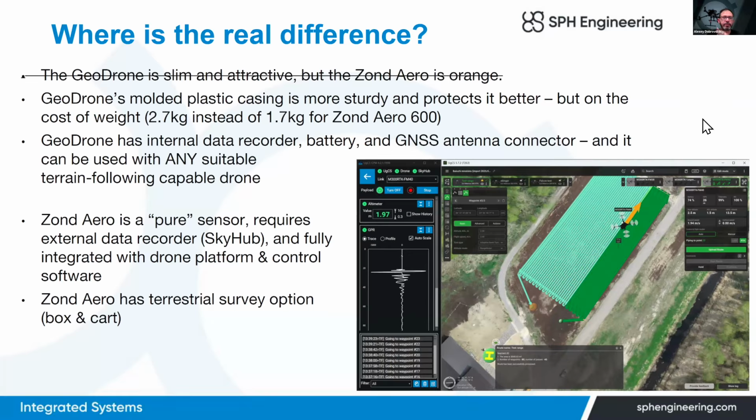In opposite, Zonterra 600, like all Zonterra GPR systems, are poor sensors. They are just GPRs without an internal data recorder, without GNSS, without anything. Zonterra GPRs have a power connector and an Ethernet connector, and they require an external data recorder.